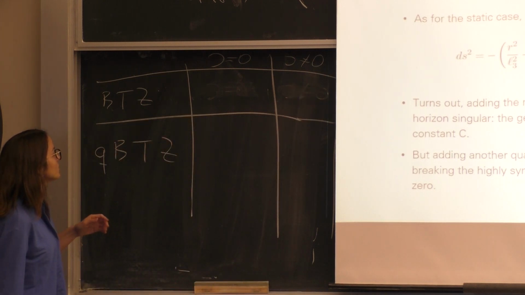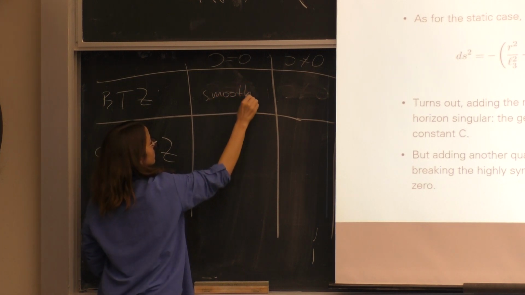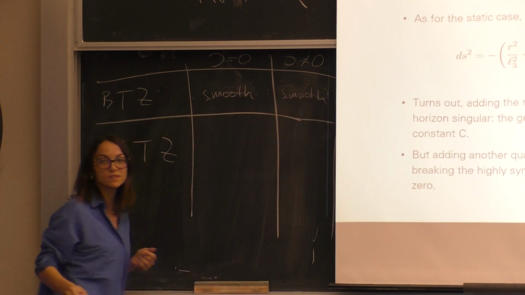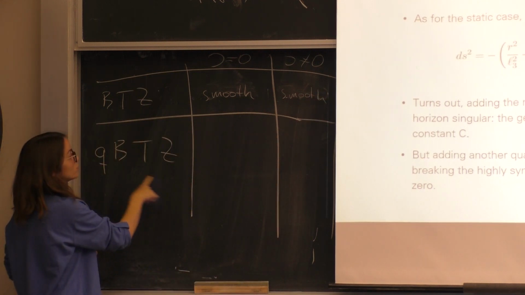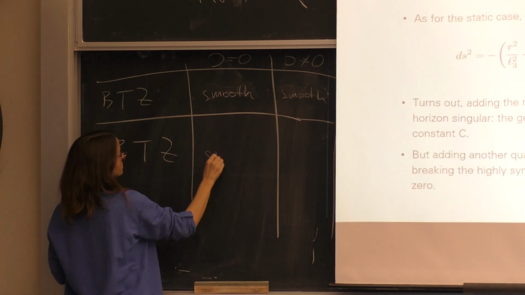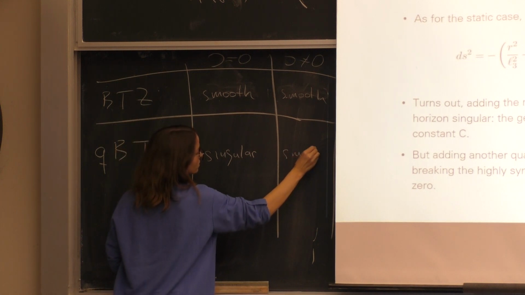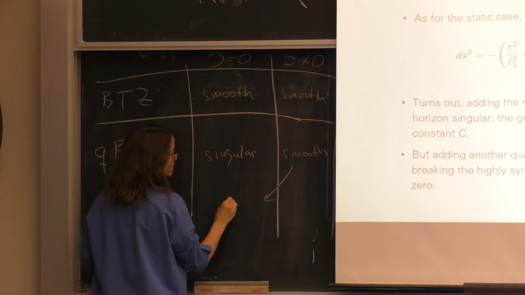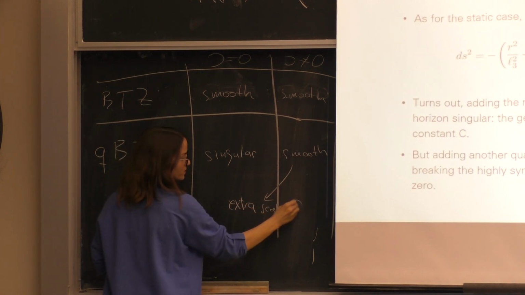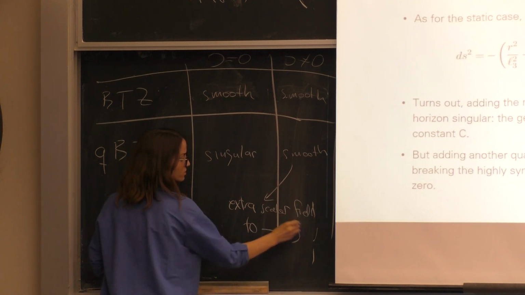So this one has a smooth inner horizon, and this one has a smooth inner horizon. If I add quantum corrections a la brane world construction, this one becomes singular, but this one is still smooth. So here I need an extra scalar field to make the divergence.